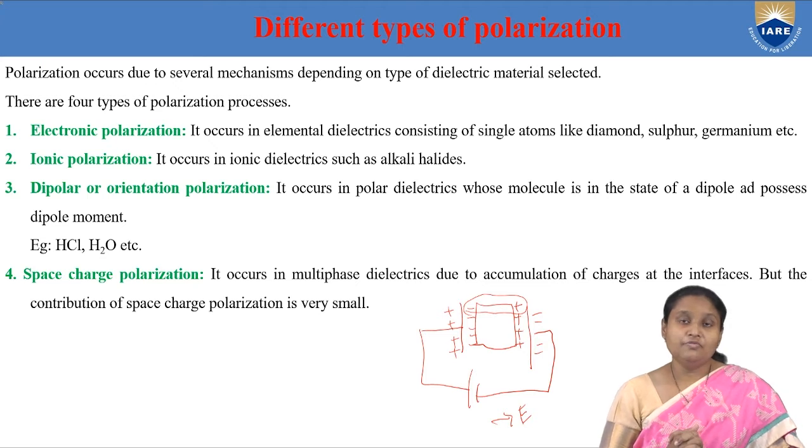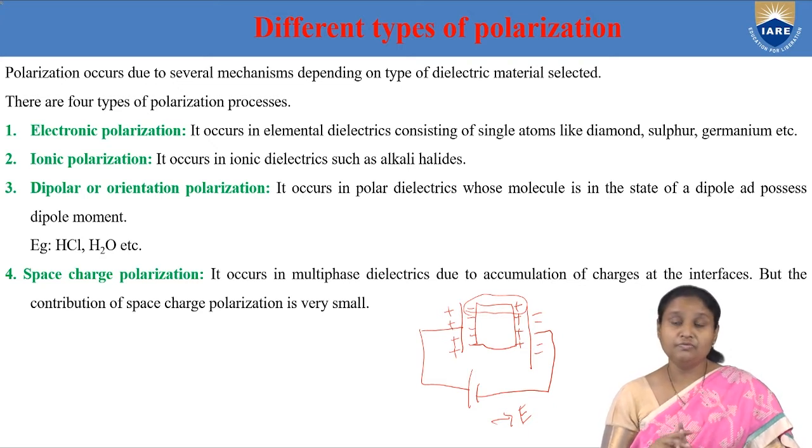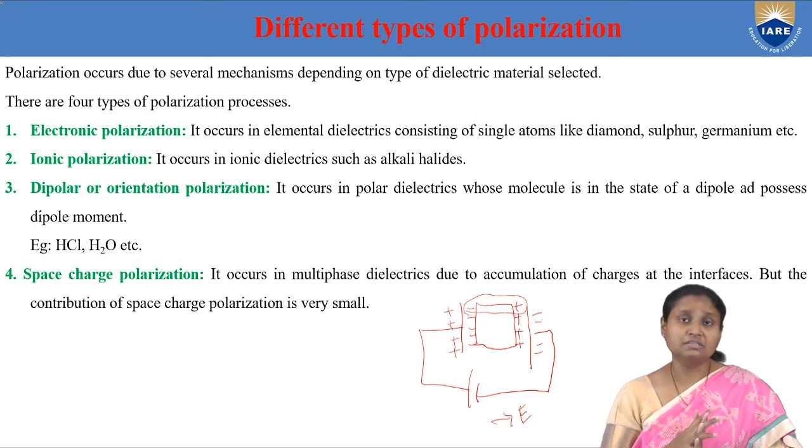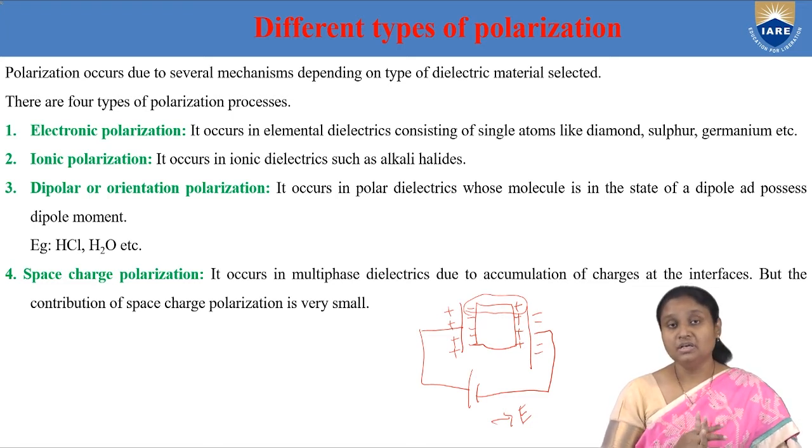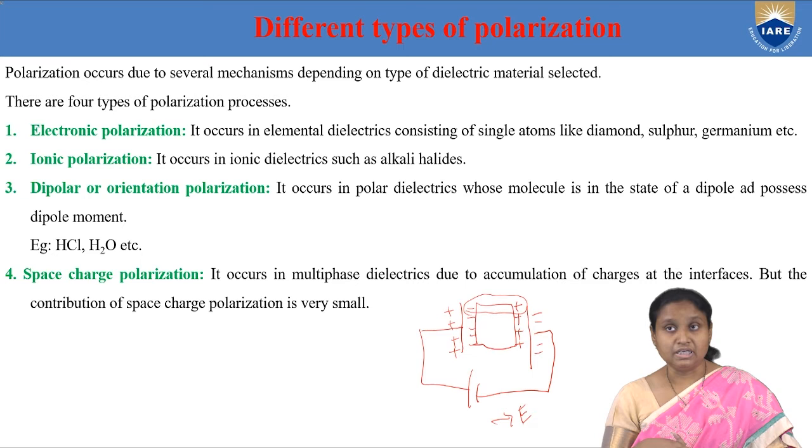Whereas in non-polar dielectrics, each molecule is not in the state of an electric dipole. But in both these dielectrics, in order to have a net dipole moment, we have to apply an external electric field.